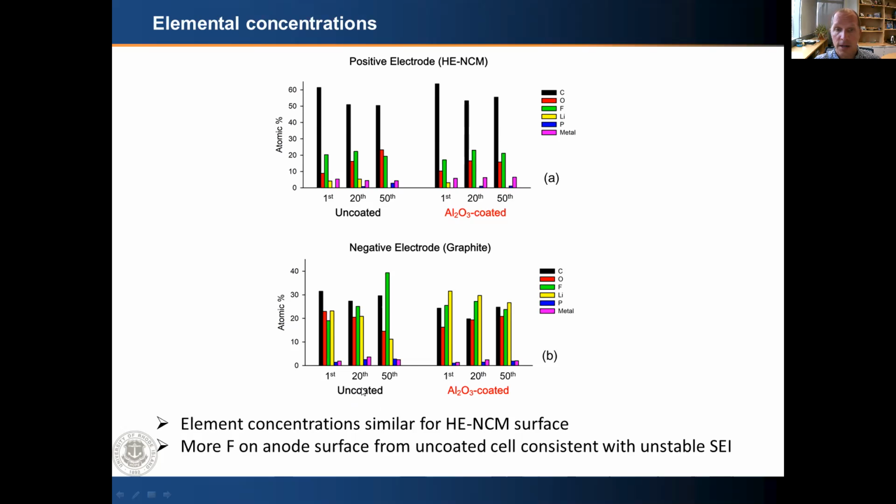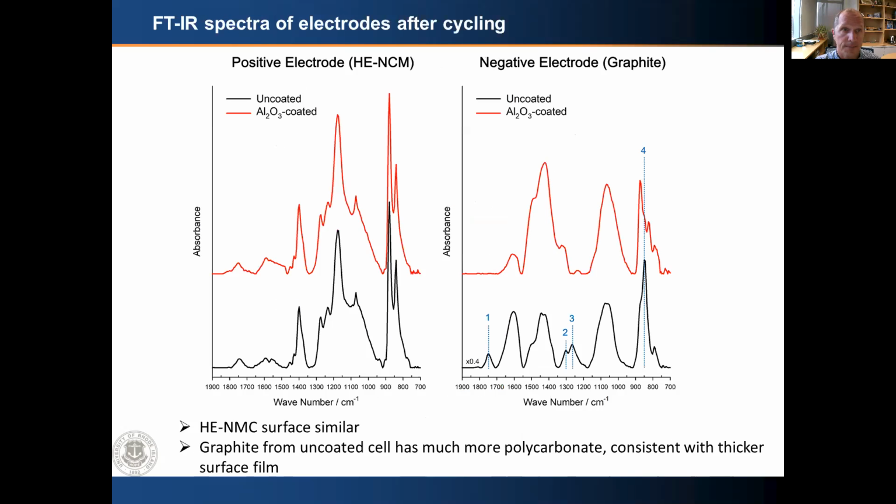However, in the case of the uncoated surface, we see very, very large increases of, in particular, fluorine, which the presence of fluorine is consistent with additional electrolyte decomposition products, which could result from either the transition metals damaging the anode SEI or from the generation of phosphorus oxyfluoride at the cathode surface, which then transports across from the cathode to the anode and subsequently damages the anode surface, the anode SEI.